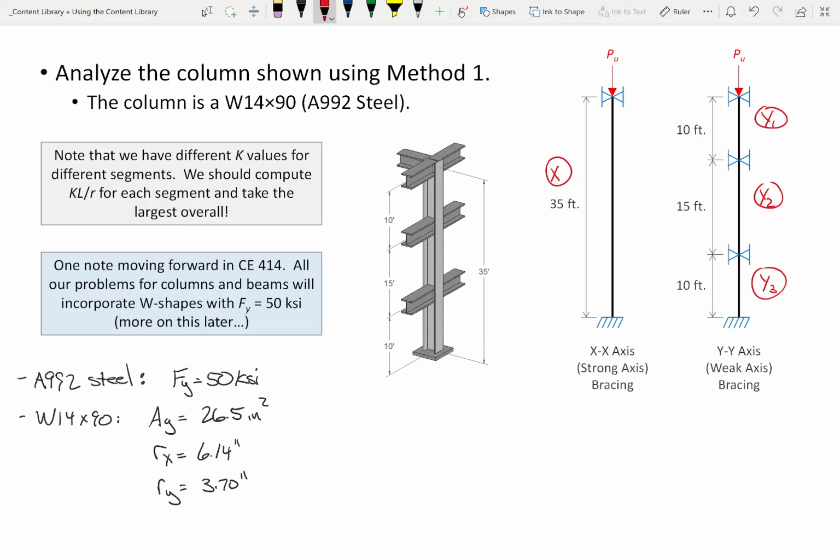Okay? Now, for segments that are pinned, in other words, they have a pin on the top and a pin on the bottom, which is the most common boundary condition, we can take our K value to be 1. And that comes straight from the manual as well. So are there any segments that are pinned on the top and pinned on the bottom?